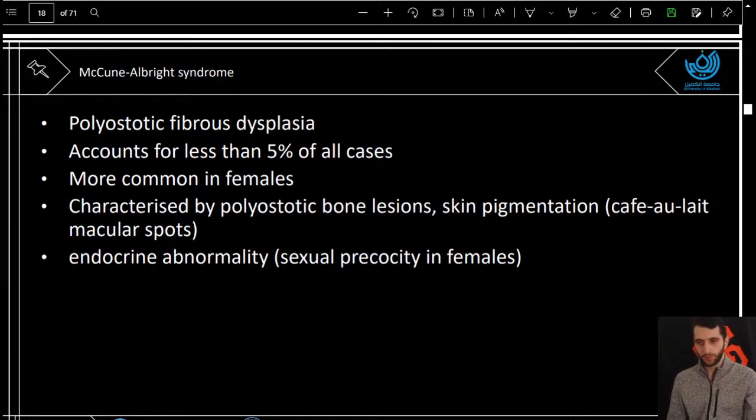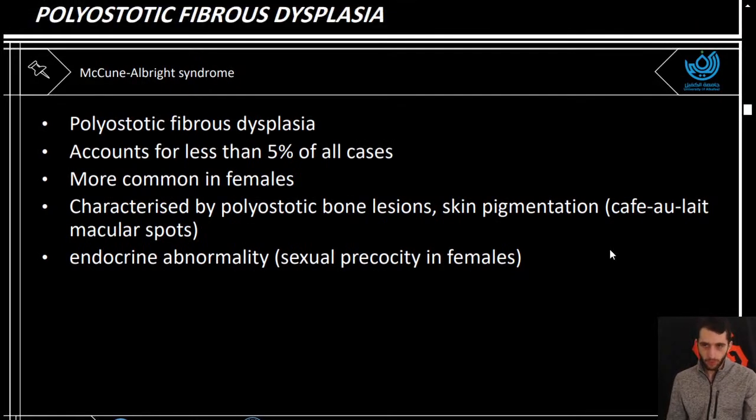This kind of lesion can affect not only the vertebral or the craniofacial and the cranial bones and the ribs and the long bones, but it also causes pain, and it is accompanied by endocrine abnormalities.